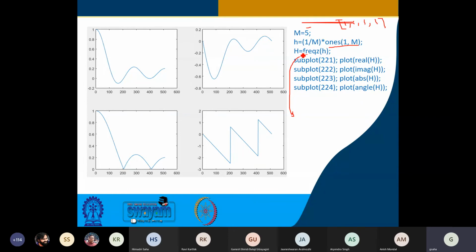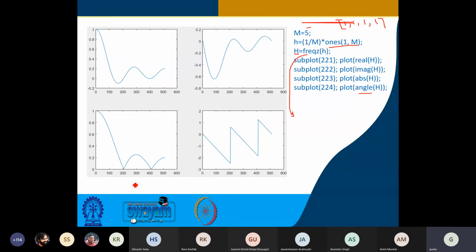So this is an inbuilt command. You can employ it, and of course it will generate a complex quantity, the quantity that you had seen before. Then you can plot its real, imaginary, absolute, and angle, which will give you the phase.